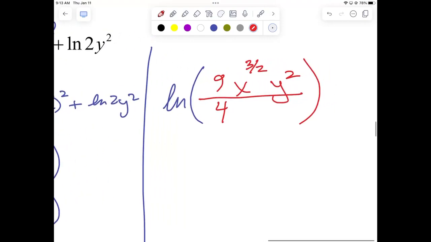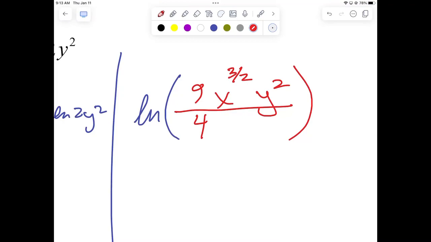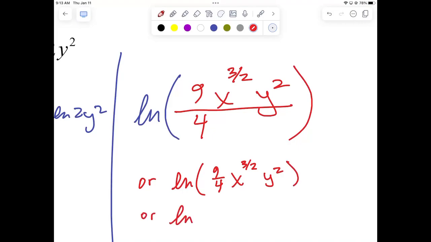All right, so what this is, we have an irreducible number, 9/4. You can think of 9/4 as being its own number. And then we have one factor of x and one factor of y. So this would be as simplified as it can get. Or you could say it's the natural log of 9/4 x to the 3/2 y squared. Or you could say it's the natural log of 9/4 square root of x cubed y squared.